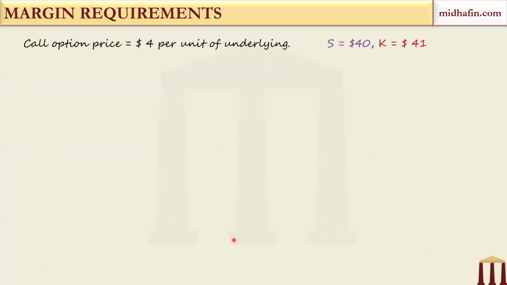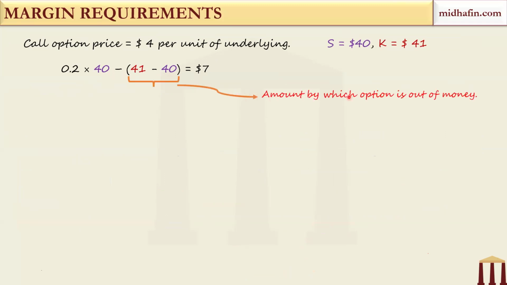So 20% of the share price, which means 20% of 40, minus this part. This part is nothing but the amount by which the option is out of the money, because you can see that in this case it's a call option, and it's out of the money, it's very clear. If you exercise this it will be a negative payoff, so it's out of the money.